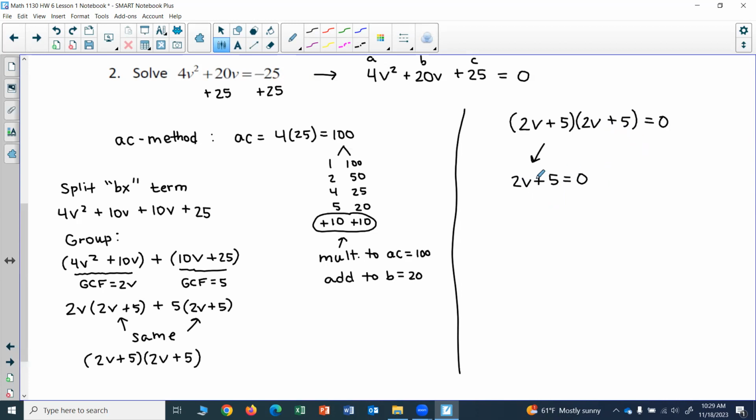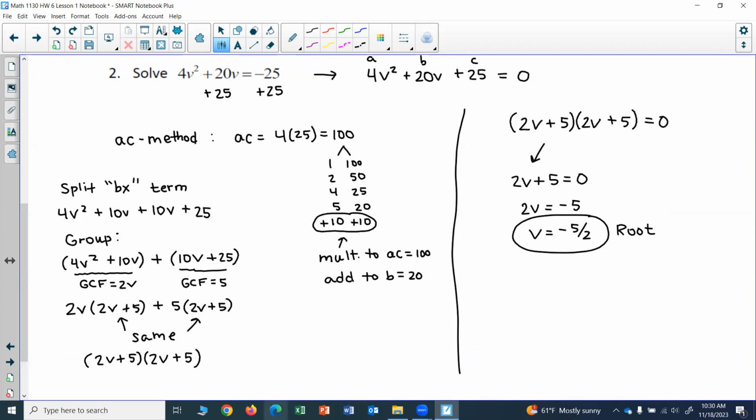If I did, I would get the exact same answer as solving 2v plus 5 equals 0, so what I'm already doing. So I get 2v equals negative 5, so v equals negative 5 halves. So this is going to be the root of that quadratic, or the 0 of the quadratic, or the x-intercept of the function 4v squared plus 20v plus 25.